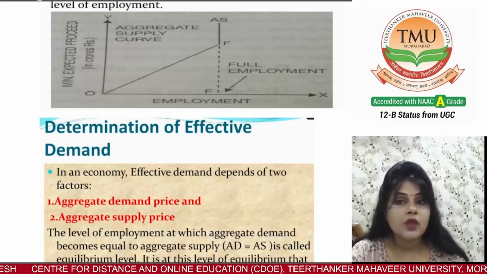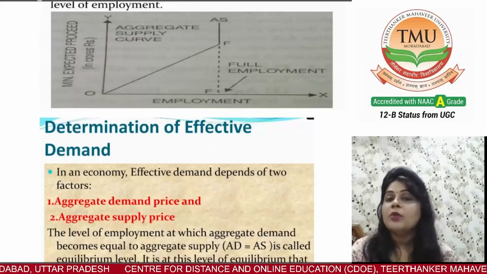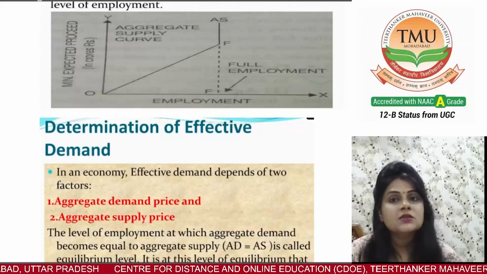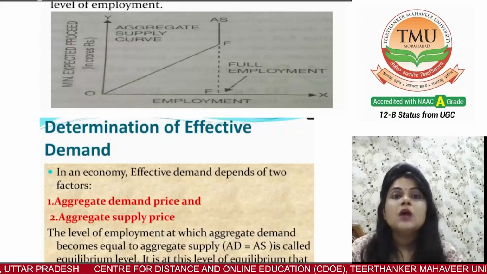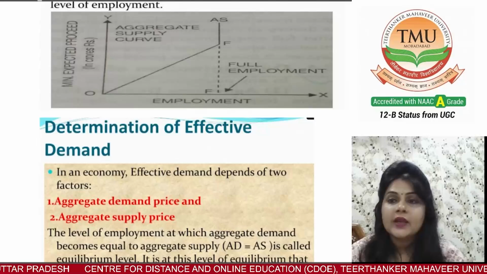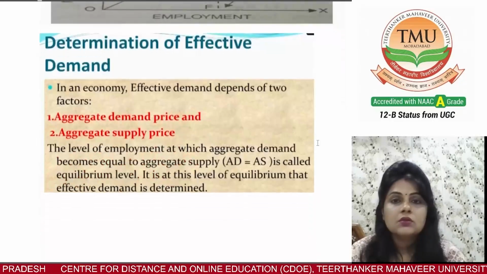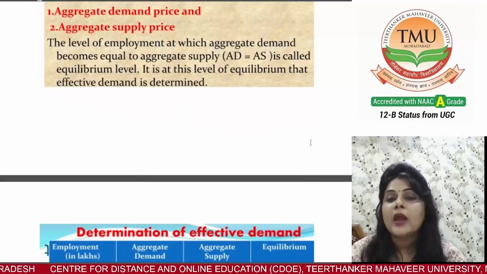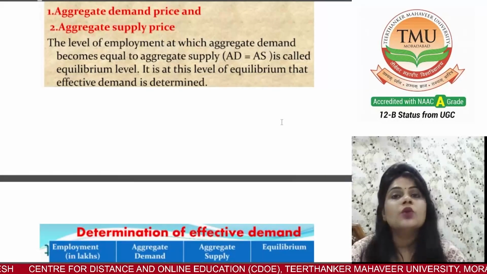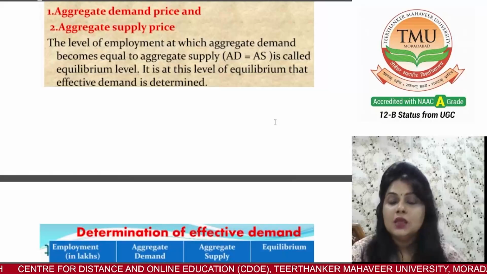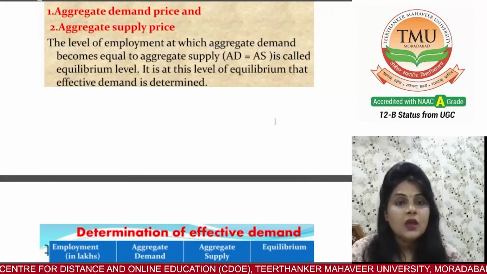So you can understand that the determination of effective demand in an economy depends on factors I have discussed: aggregate demand price and aggregate supply price. The level of employment at which aggregate demand becomes equal to aggregate supply, AD equal to AS, is called equilibrium.